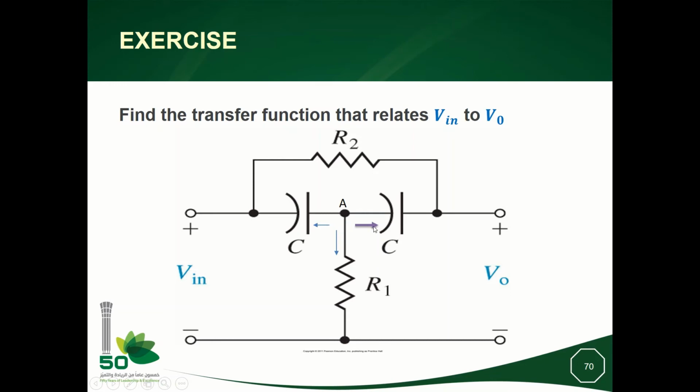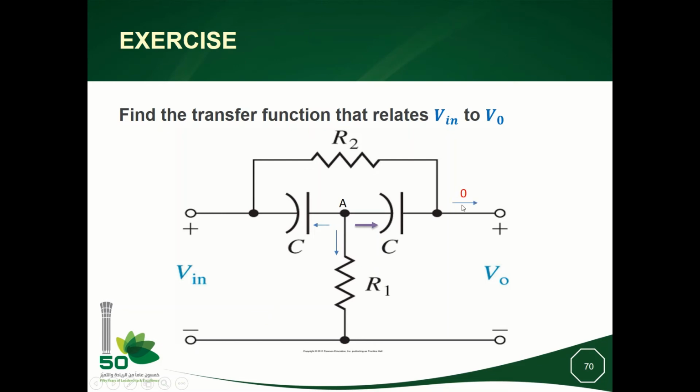This current is Va minus V0 divided by the impedance of C. When we write this node equation, three variables appear: Vn, Va, and V0. So we have to eliminate Va, and we need an extra equation.